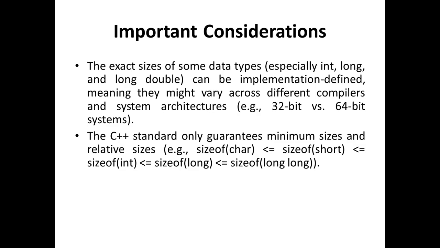So this is the order: character is less than or equal to short, short is less than or equal to integer, integer is less than or equal to long, and long is less than or equal to long long.